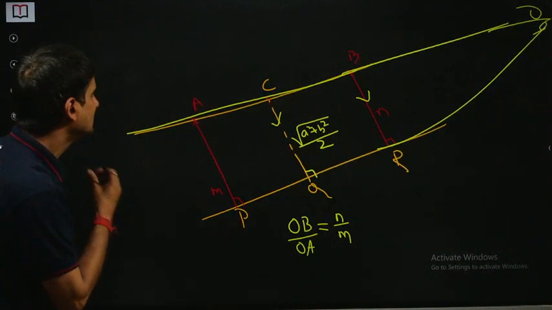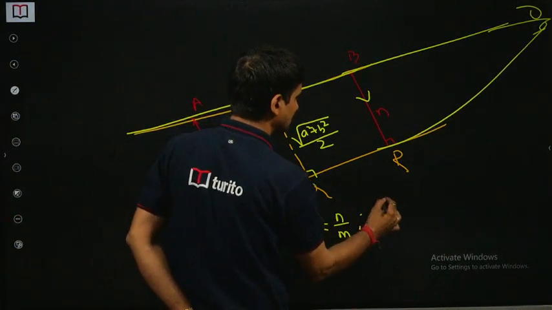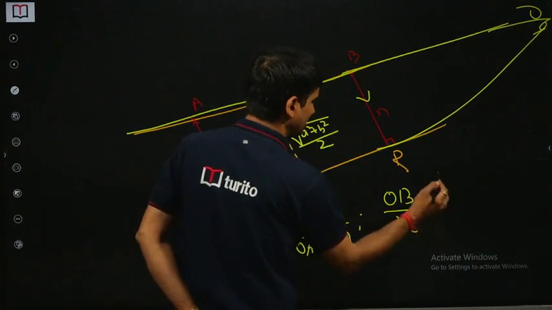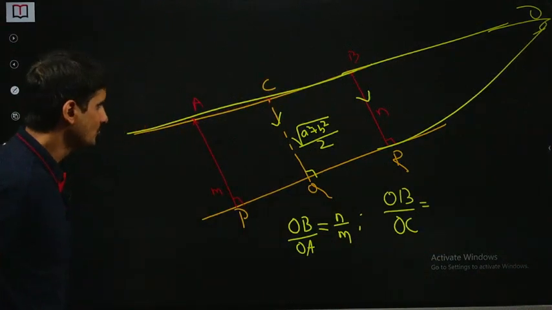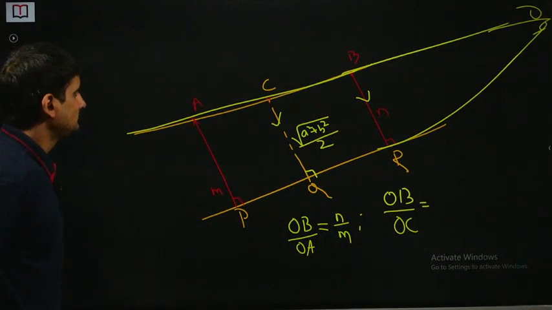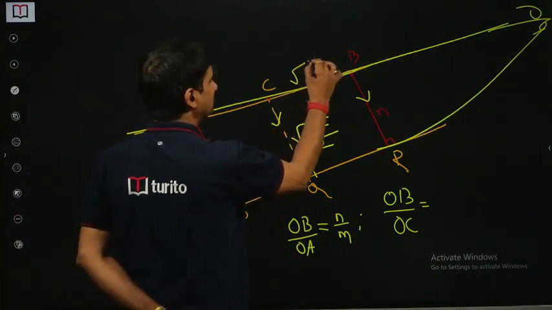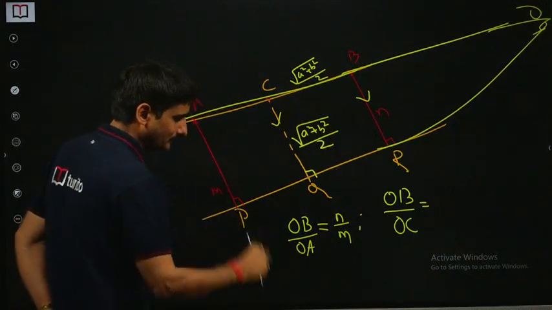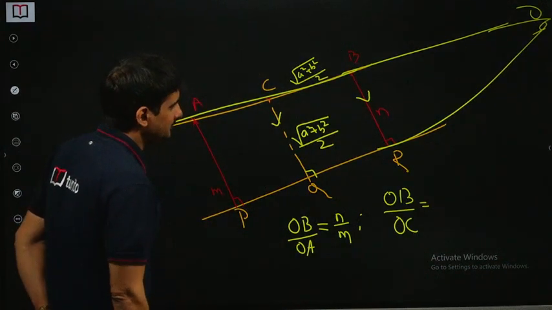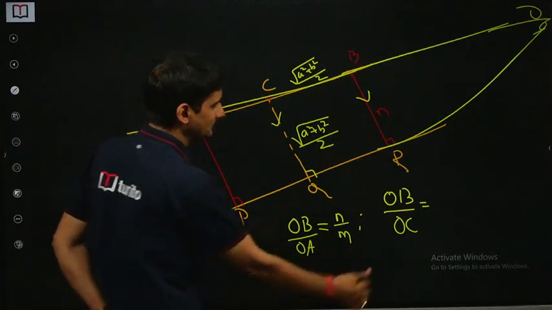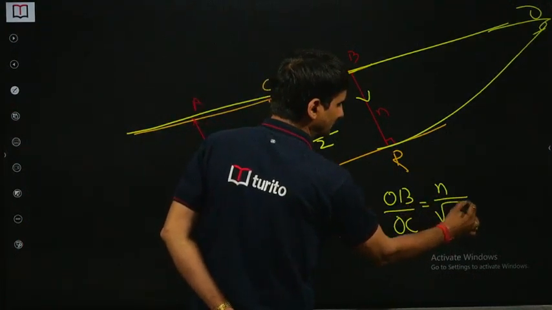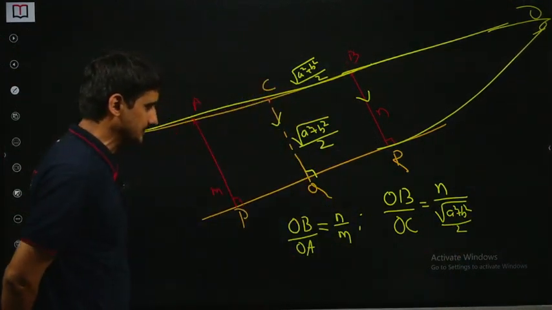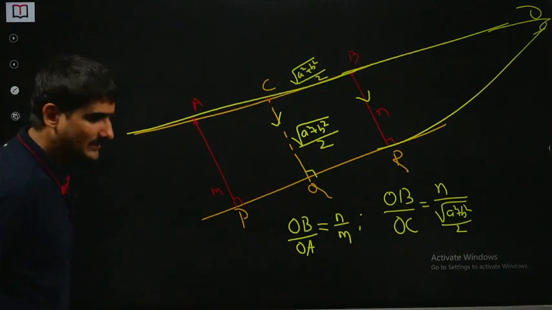And similarly, OB upon OC will be equal to, okay, this is also radius, no? BC will be equal to n upon under root of a square plus b square by 2. Now here I think we can do it.